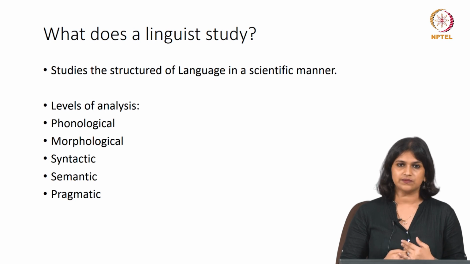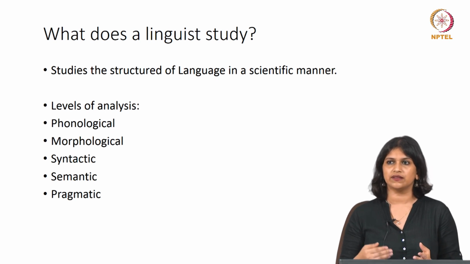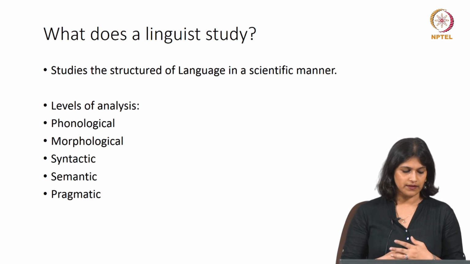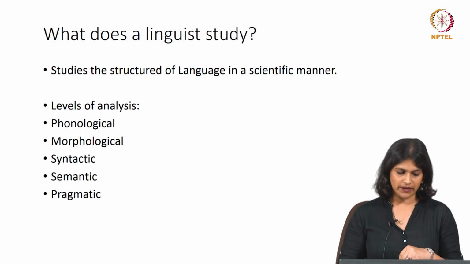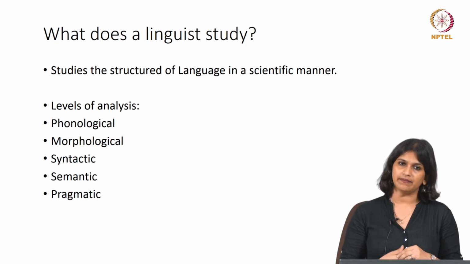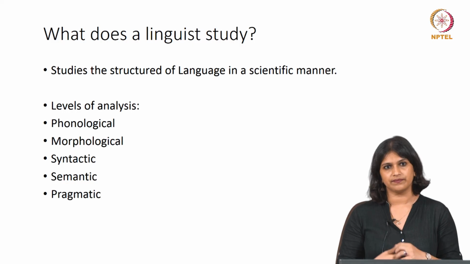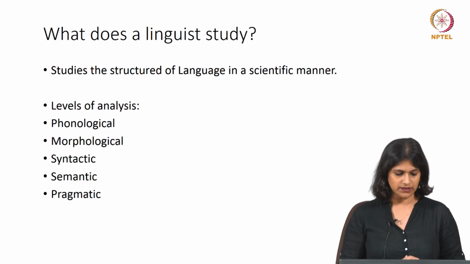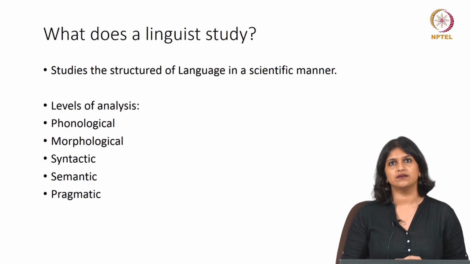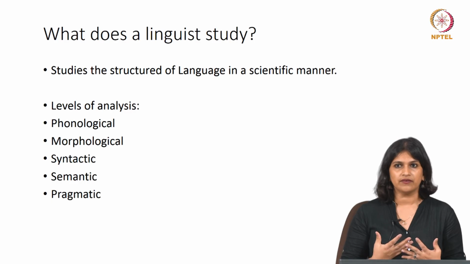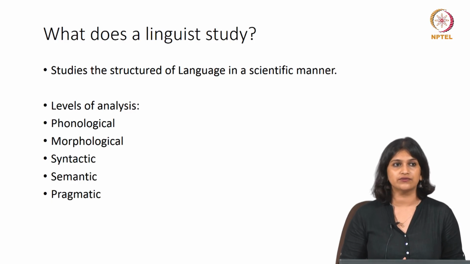She also analyzes the morphological level, which deals with the word and morpheme system. Further, there is the syntactic level, where we discuss sentential level questions. Then we have semantics, which deals with the meaning aspect of language, and finally pragmatics, which deals with the usage of language in discourse, or the function of language in discourse in its real sense.